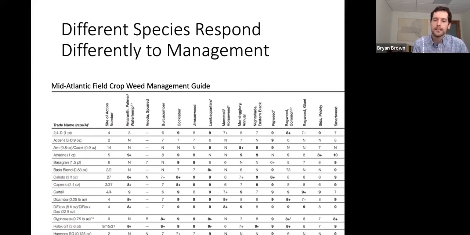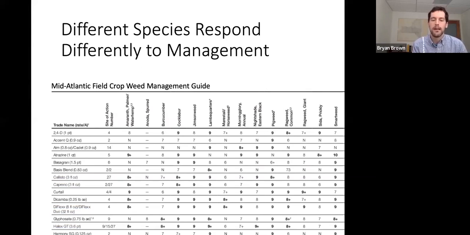Obviously, different weed species, just based on their biology, respond very differently to management, especially herbicides. This is just a little snippet from a table out of the Mid-Atlantic Field Crop Weed Management Guide, and they do a really nice job showing you which herbicides are the most effective on each weed species, and they have most of our common and problematic weeds in there.